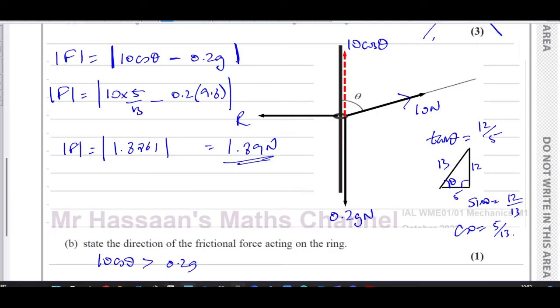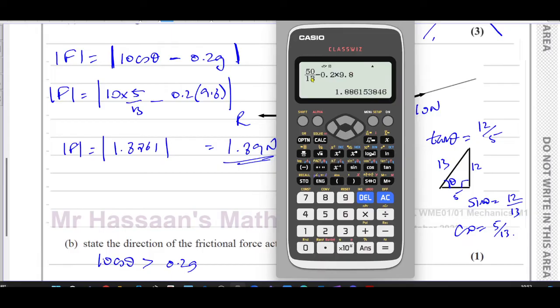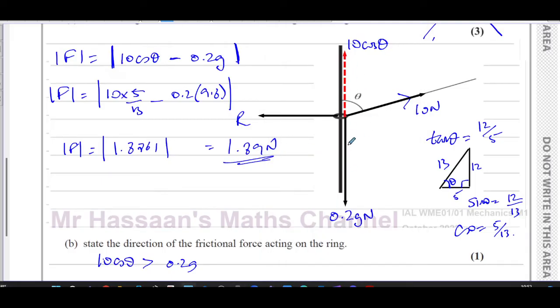That positive value is the value of the friction, but it acts in a direction to keep this in balance. So if this is greater than that, the friction is going to act downwards, and it will be enough to keep it in equilibrium.